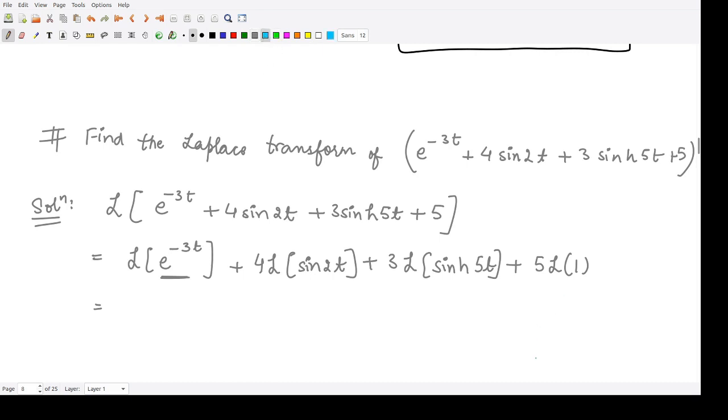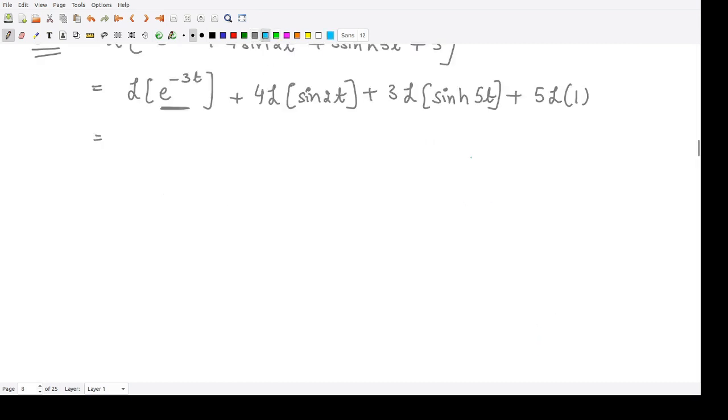Because we know the Laplace transform of e to the power at is 1 upon s minus a, here in this case we have the Laplace transform of e to the power minus 3t as 1 divided by s plus 3.